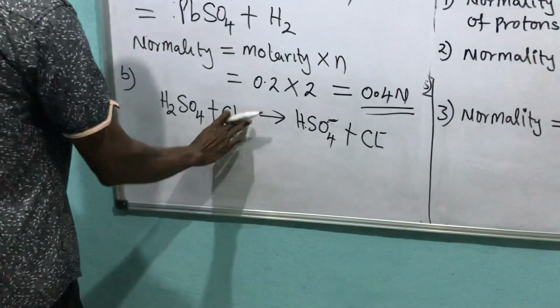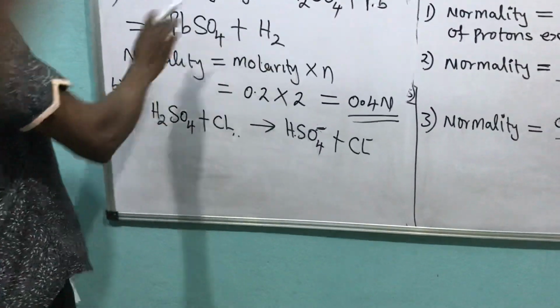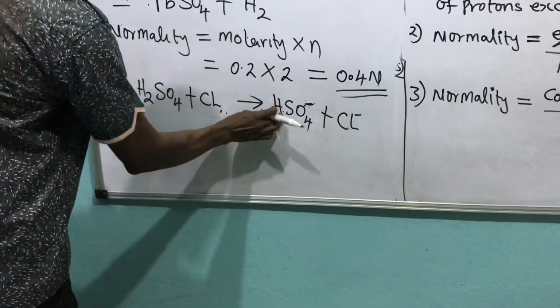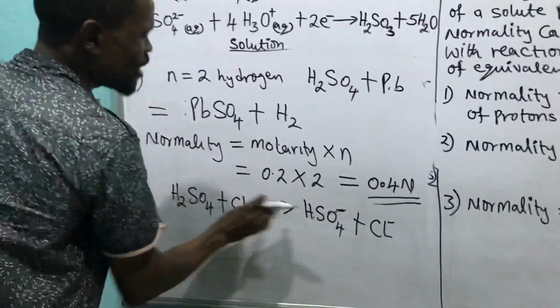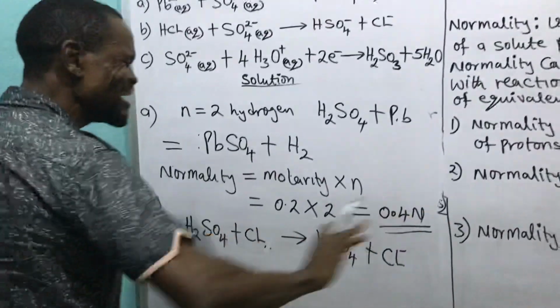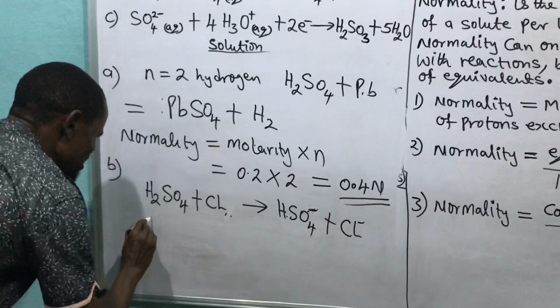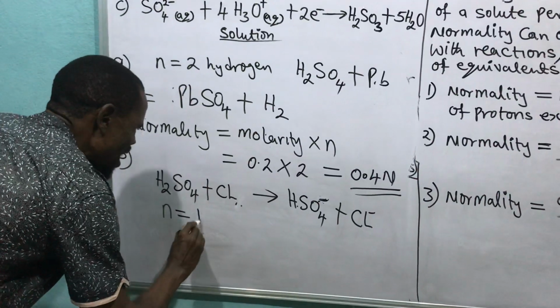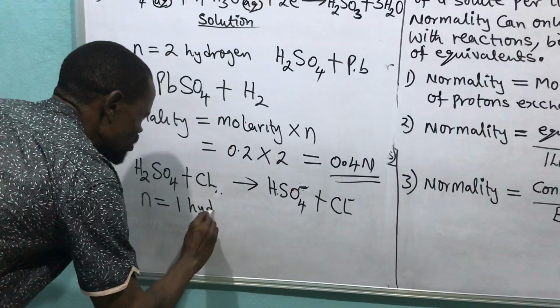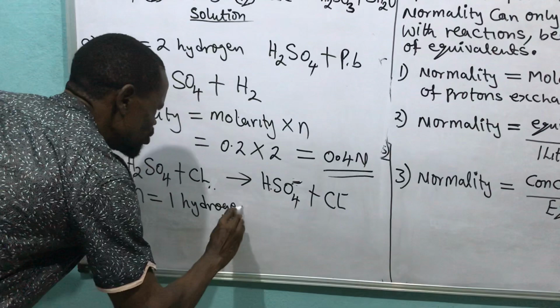You see that this is 1, reacting with this, it removed 1 of the hydrogen. So what it released is 1 of the hydrogen. That means n is equal to 1 hydrogen in that question.